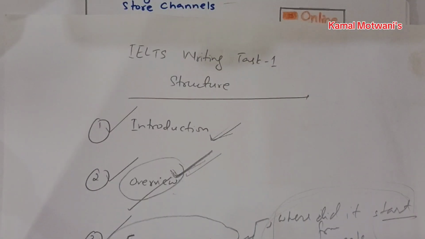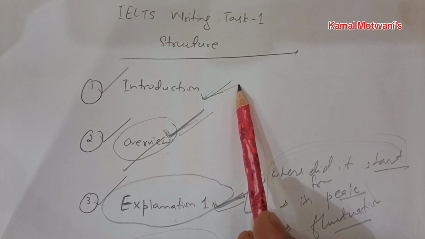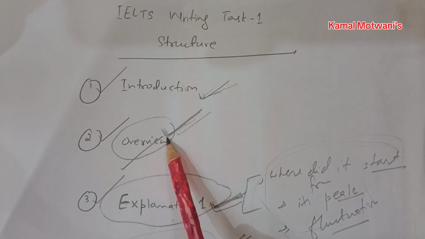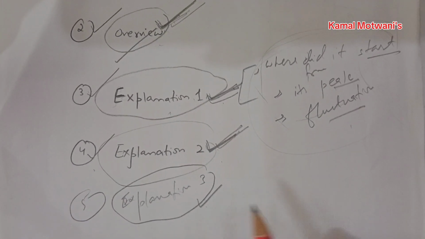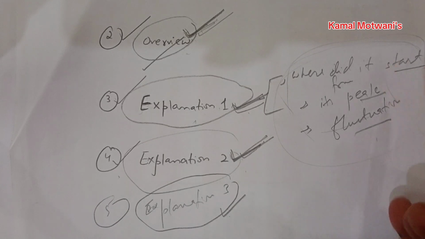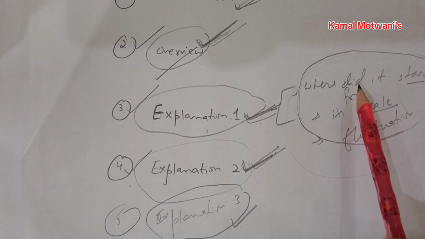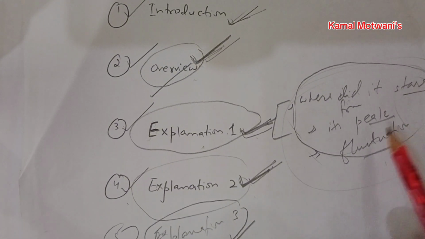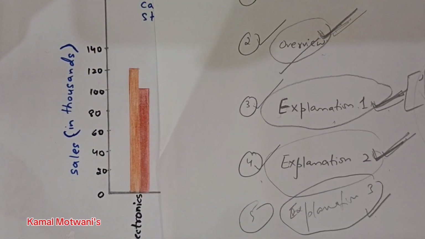First we have to write the introduction, then the overview, then explanation 1, explanation 2, or explanation 3, depending upon the specification of the variables. You should not focus on this, as it pertained to the line chart. So here we will follow another method of how to formulate a paragraph.